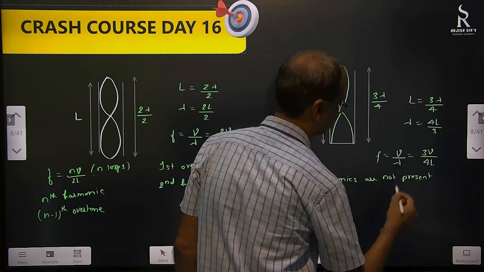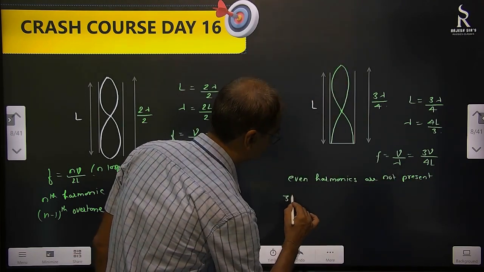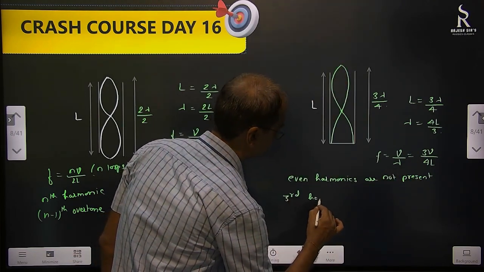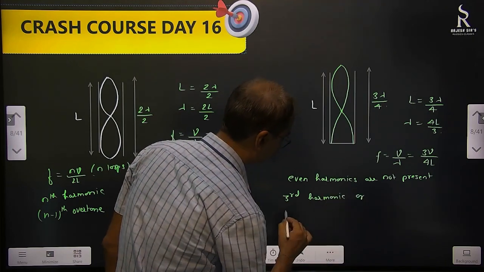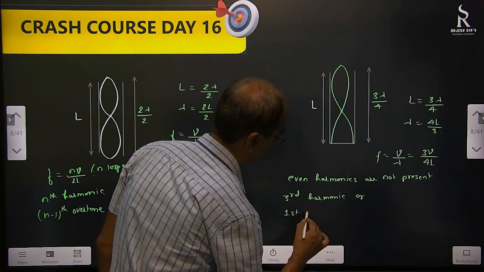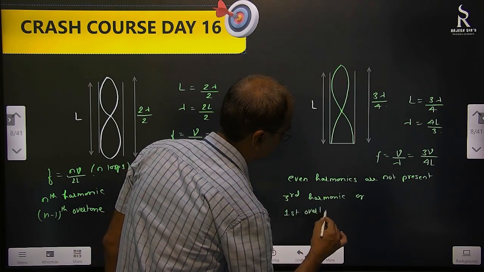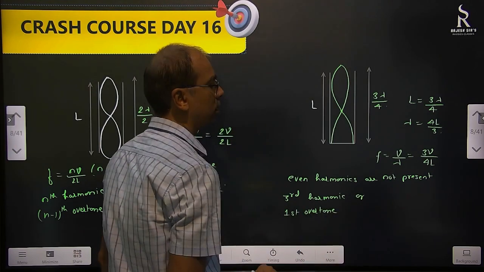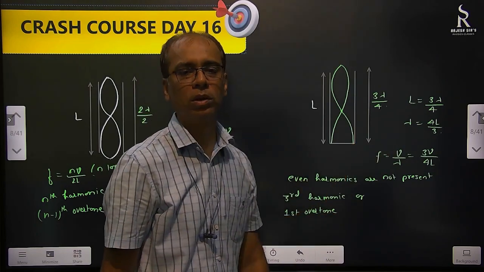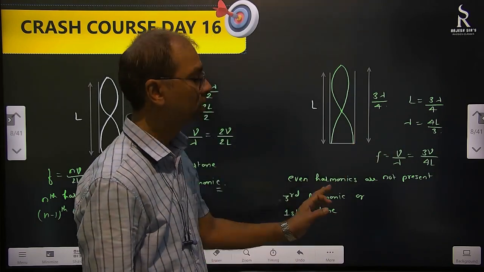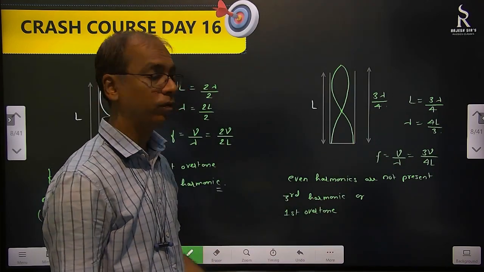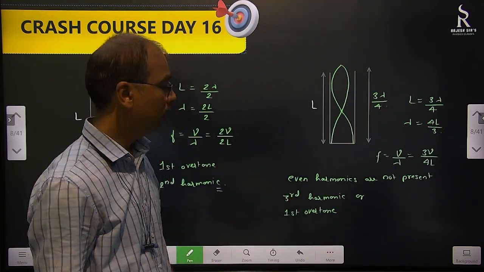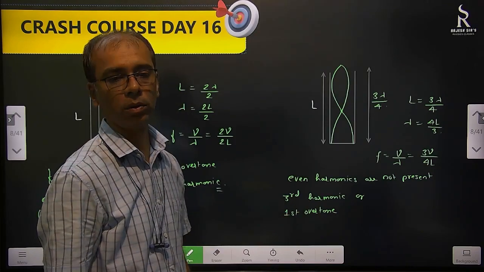So we will call this as third harmonic or first overtone. Overtone, there is no problem, it is one above the fundamental. Next is this. So we'll call this as first overtone, but harmonic is third. Next one, 5V by 4L, fifth harmonic and second overtone.